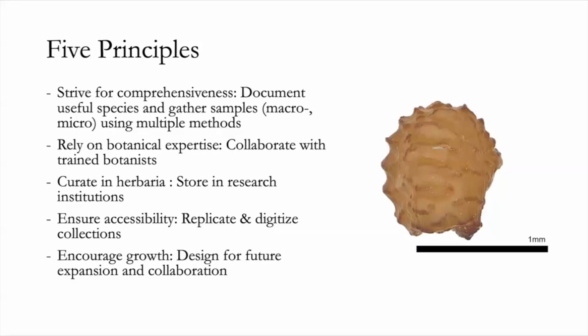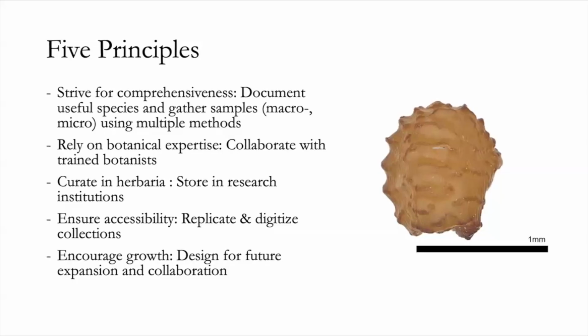So we aimed to make it geographically dispersed, but we're also digitizing it so that folks who can't get to those physical locations can also see high quality images of the plants and the associated tissues online.